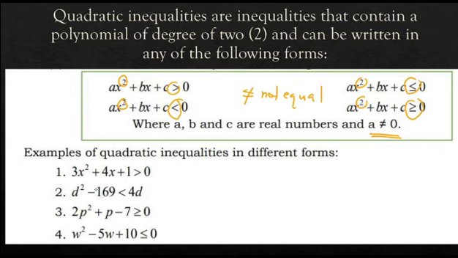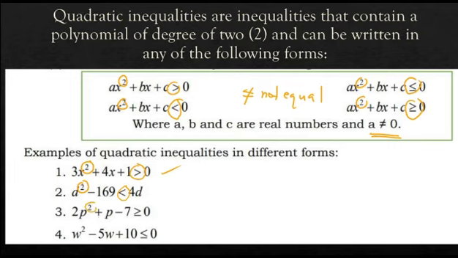Number 1, we have 3x squared plus 4x plus 1 greater than 0. The highest exponent is 2 and it is using greater than. And then we have d squared minus 169 less than 4d. Again, the highest exponent is 2 and it is using less than. Next, we have 2p squared plus p minus 7 greater than or equal to 0.